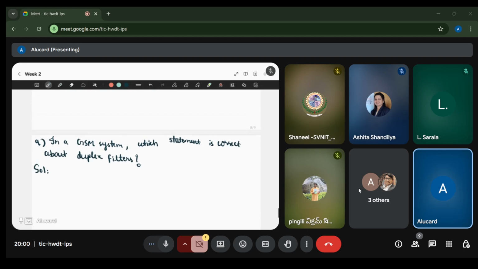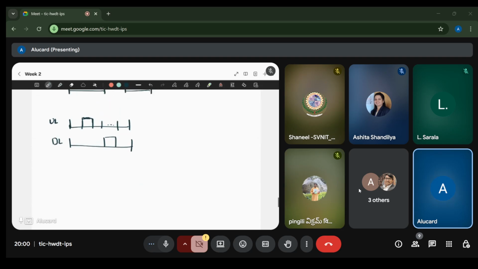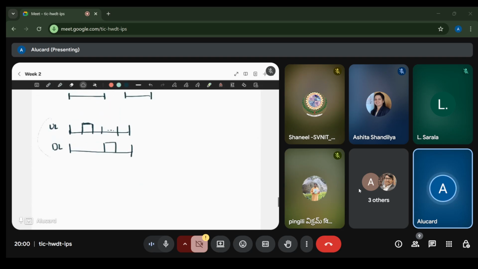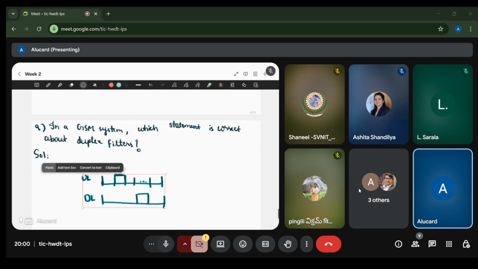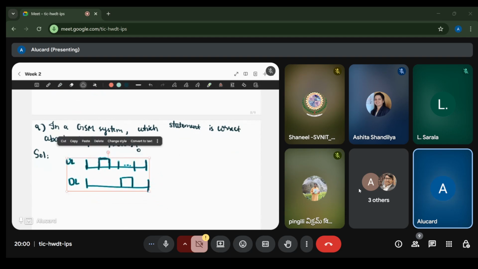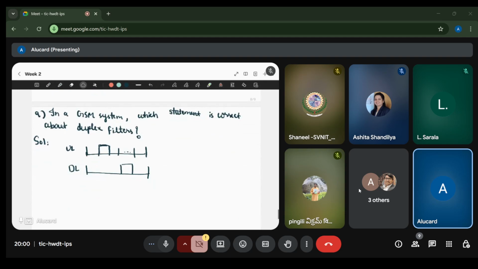So again, recall from the previous problem that even though it's frequency division duplexing here, the uplink and downlink are actually happening in different time slots.